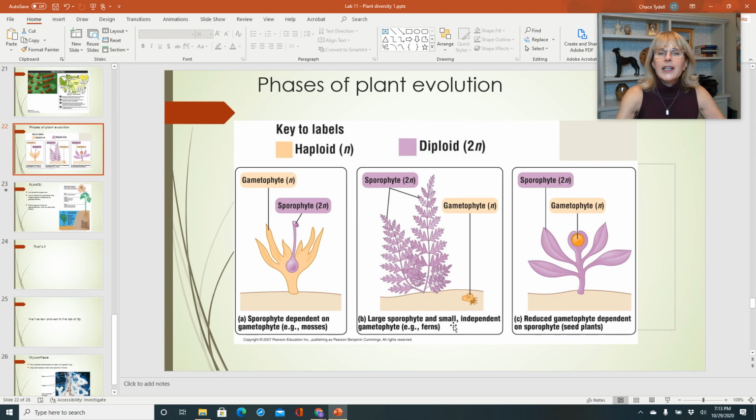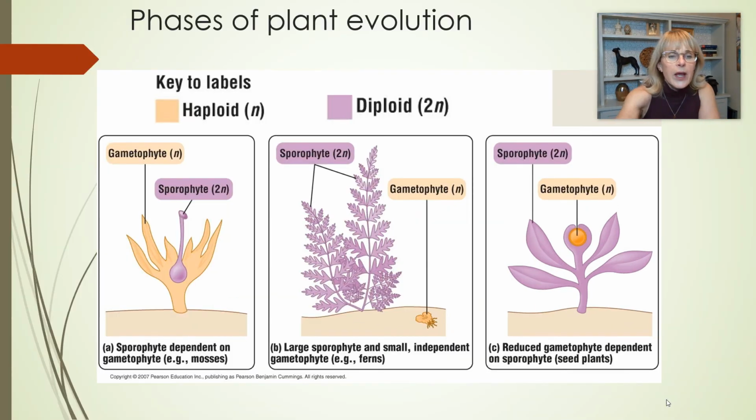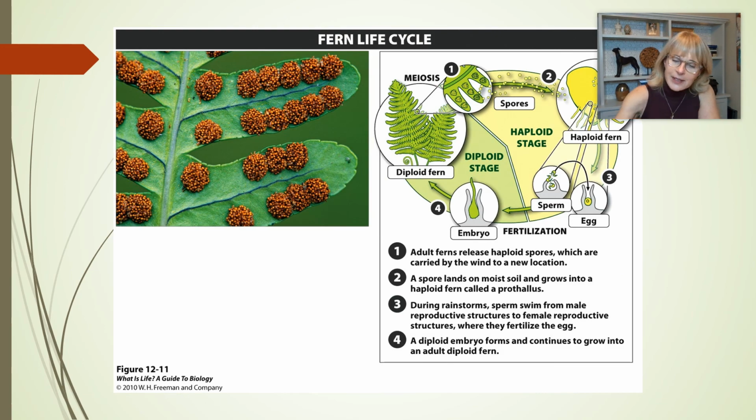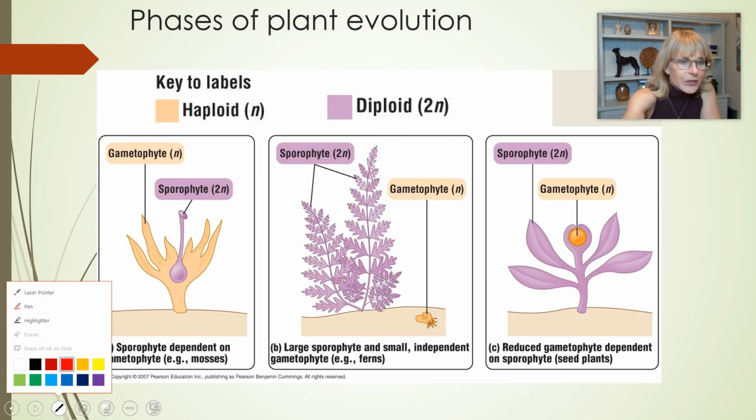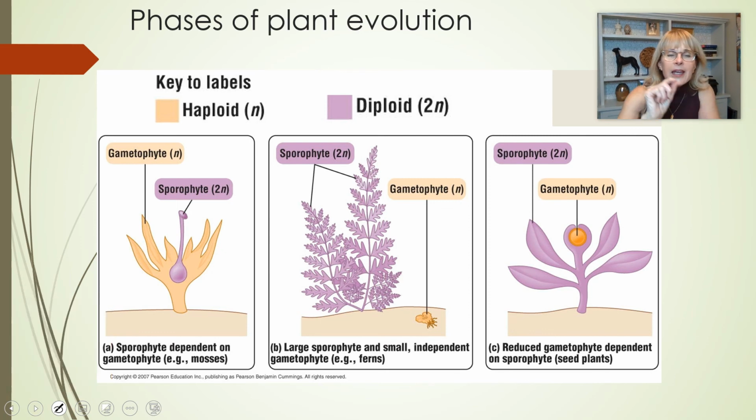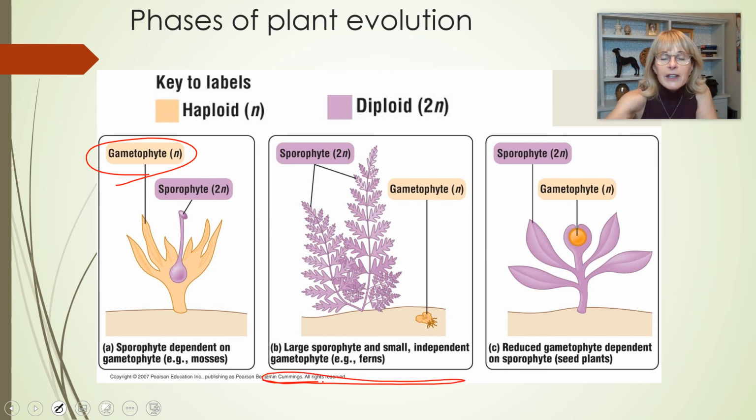Okay, so that's it. Next week, we are going to talk about how plants went from being these non-vascular things that had to stay really small, low to the ground because they didn't have a vascular system, and they have the dominant gametophyte generation. And then we get this big advancement.